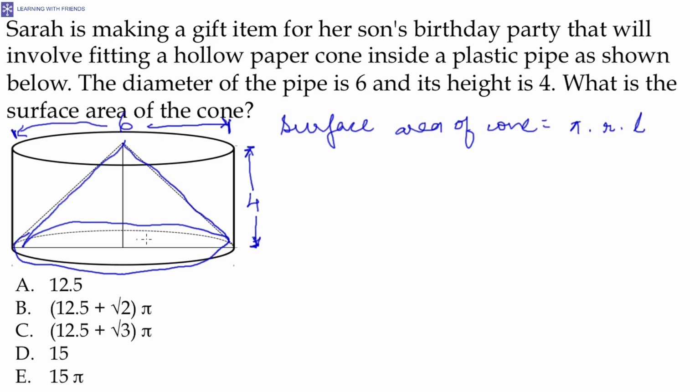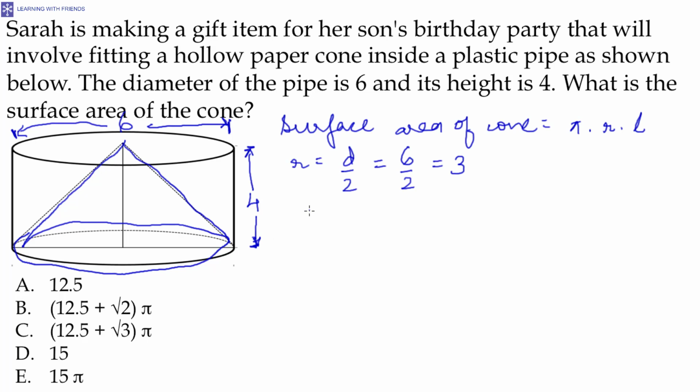So the radius of the cone will be half the diameter, and the diameter of the pipe and the cone are the same, as you can see in the figure. So the radius will be 6 by 2, which is 3.